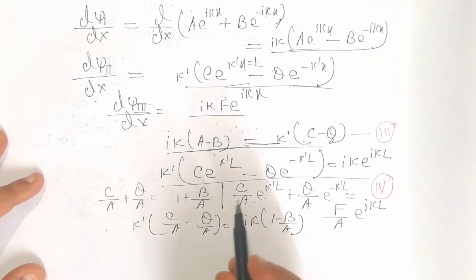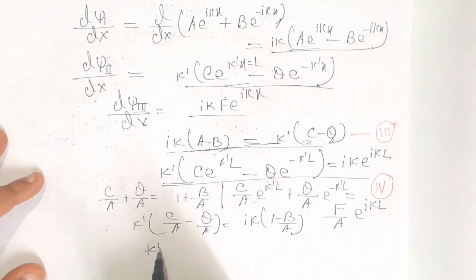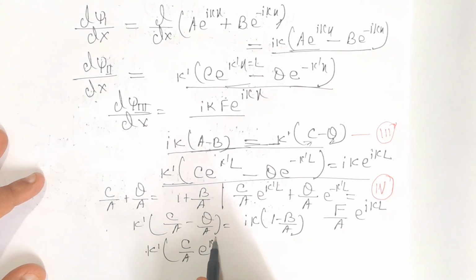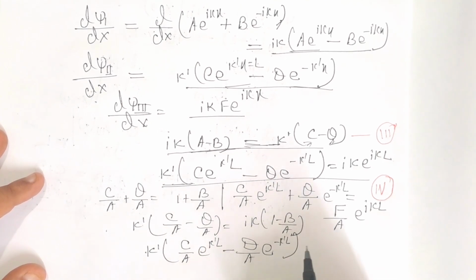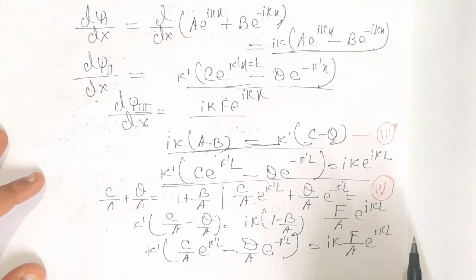And same thing we can do with this equation. We will get k' c by a e to the power k' L minus d by a e to the power minus k' L equal to i k f by a e to the power i k L.